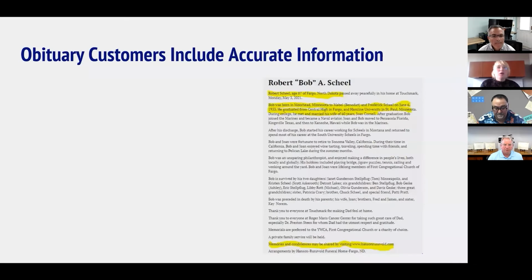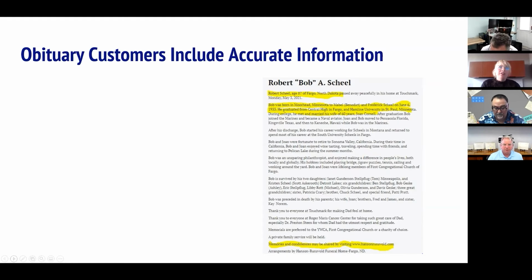So I went to look at why this is happening, and I specifically looked at obituaries, but I'm in the process of looking at why it works for the business briefs too. For obituaries, readers include accurate information because obviously it's incentivized for them to do so.